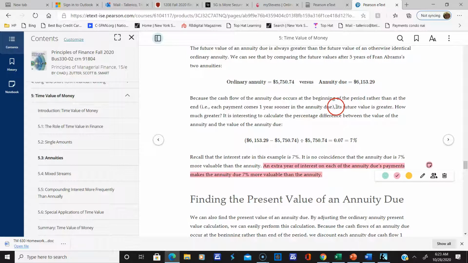So its future value is greater for an annuity due, okay? And so you can see here, this was the ordinary annuity, here was the annuity due, and you'll get an extra 7%, right? If you're just doing the holding period return. So it's that, which is the percentage difference, which is the same thing, okay?